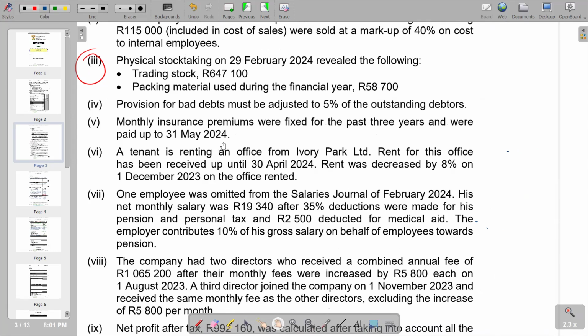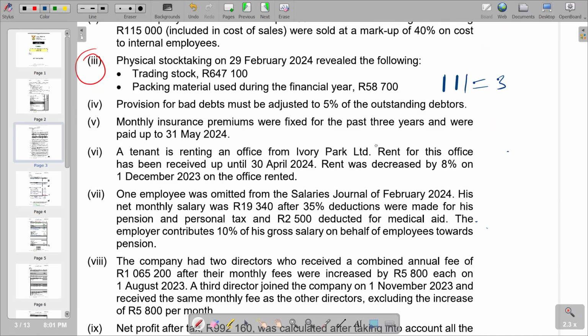So it means the premiums that we have in the list of balances are up to 31 May 2024. So we count the number of months that are outside of our recent financial period. Remember, our financial period is ending end of February. So we are saying March, April, May, and then they are paid up to 31 May. So we have got 3 months that are outside.